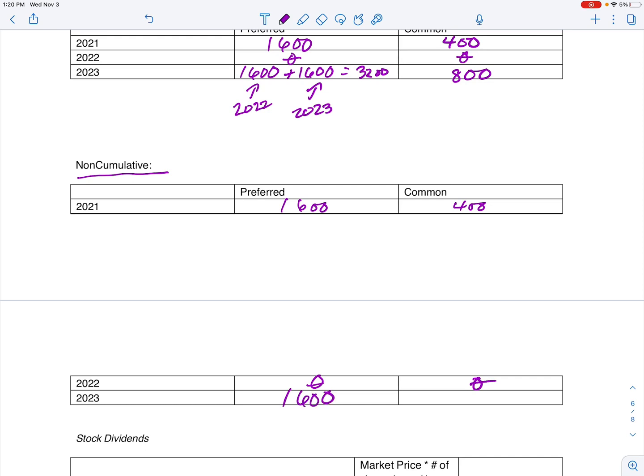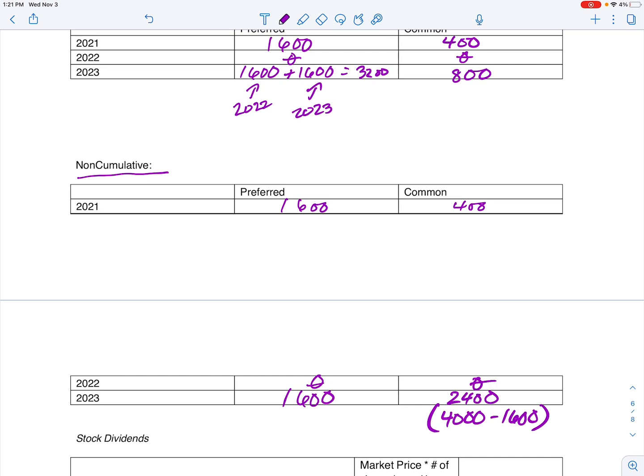So those preferred stockholders are only getting $1,600, and the common stockholders will get the rest. They'll get that $2,400, or the 4,000 minus 1,600. Because I do not have to account for those years that I did not pay those preferred stockholders.